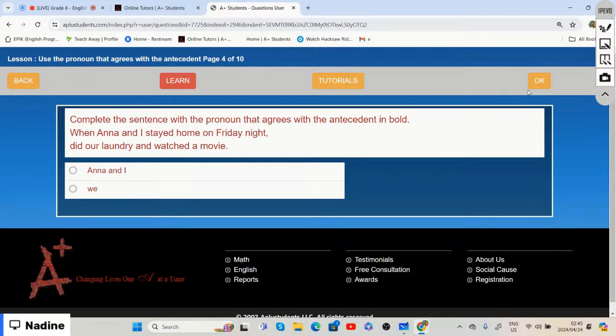When Anne and I stayed home on Friday night, we did our laundry and watched a movie. So we need to complete the sentence with the pronoun.